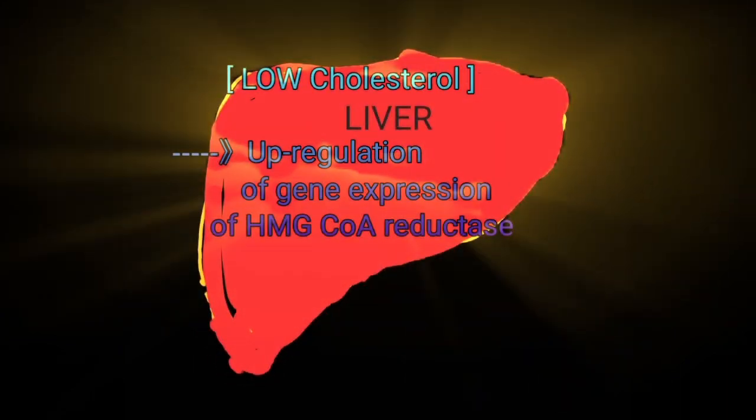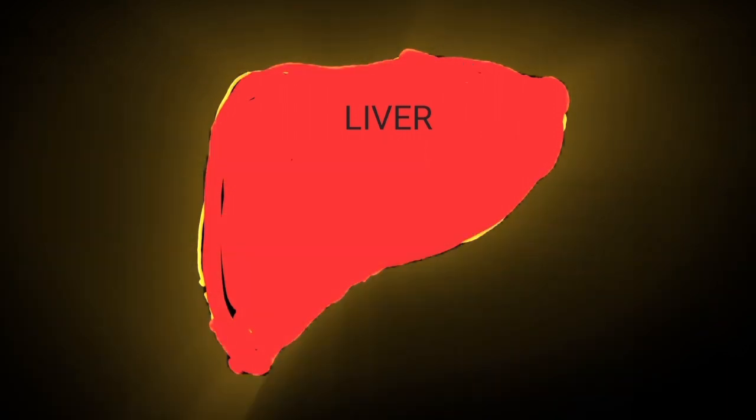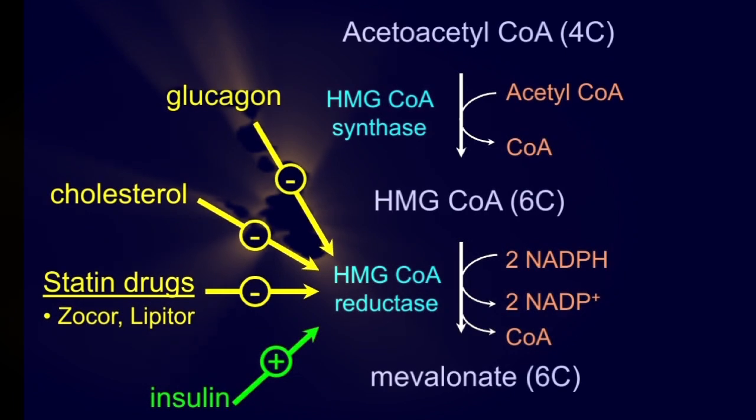A third regulatory mechanism of HMG CoA reductase in the liver involves the hormones insulin and glucagon. Insulin can promote the dephosphorylation of HMG CoA reductase through stimulating a phosphoprotein phosphatase.